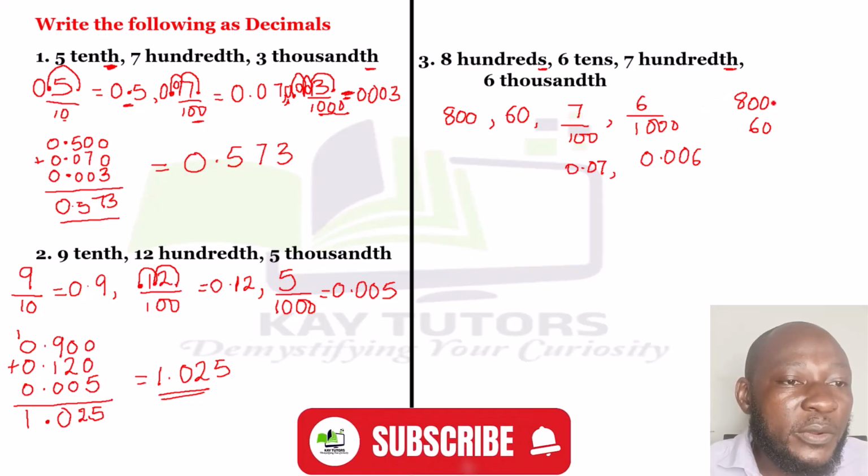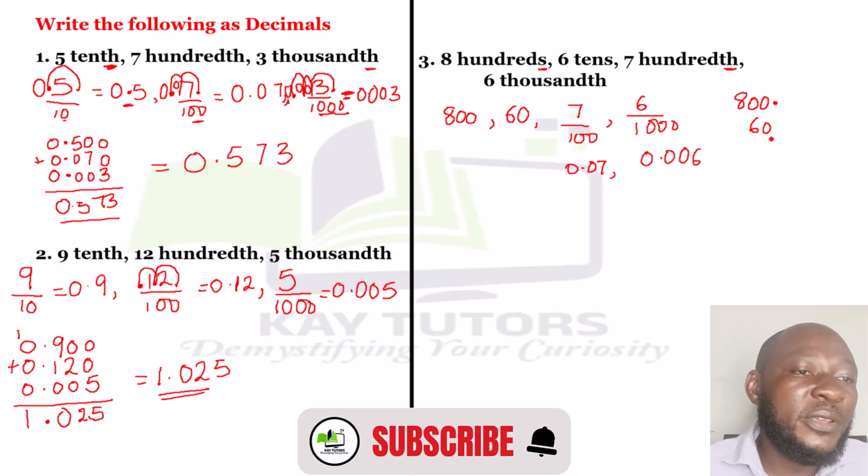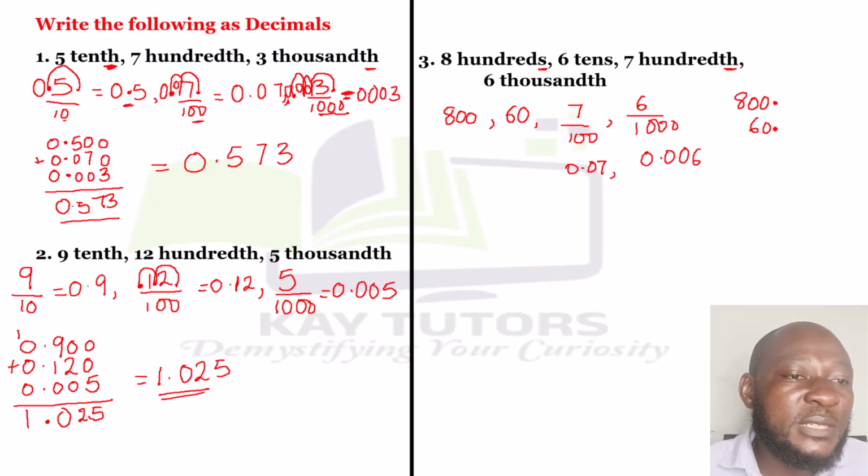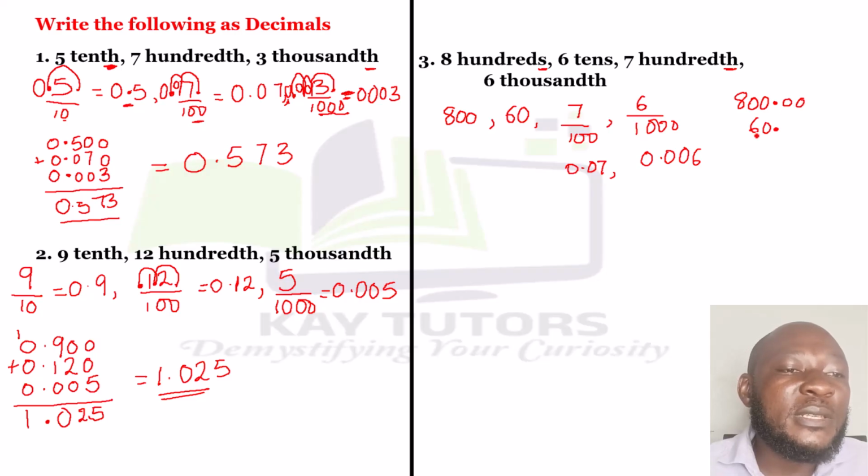Because here, 800 is carrying the decimal point. Wherever it goes, it carries a decimal point, and the decimal point is always in front of it. So for any number without a decimal point, the decimal point is there but invisible. You cannot see it. So here is 800.00. Now, this is 60.00.